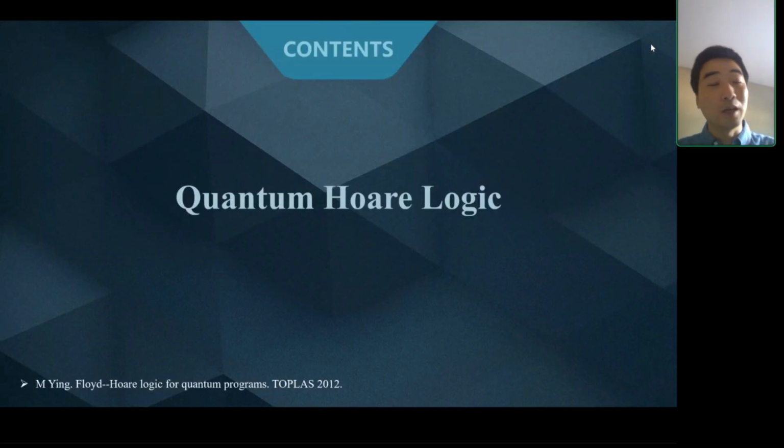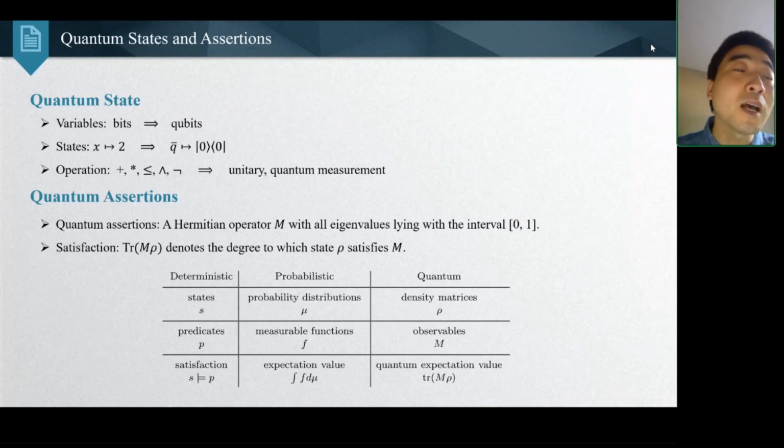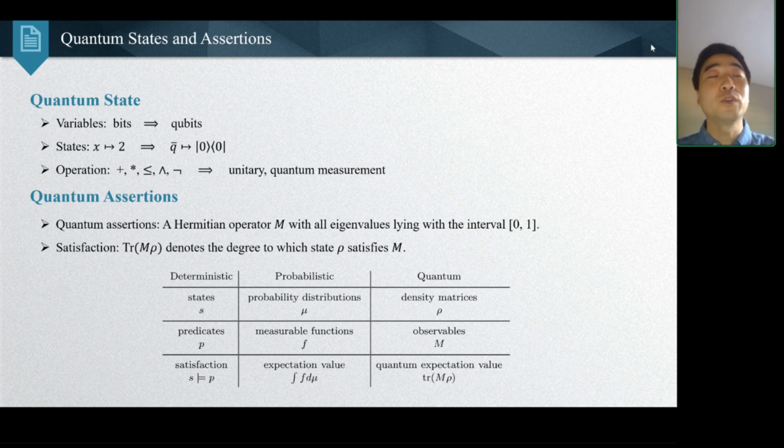This part will review Mingsheng's paper, Floyd-Hoare logic for quantum programs. Different from classical states, quantum states consider qubits rather than bits, and initialization or assignment is not assigning a variable to a value, but assigning a quantum state.